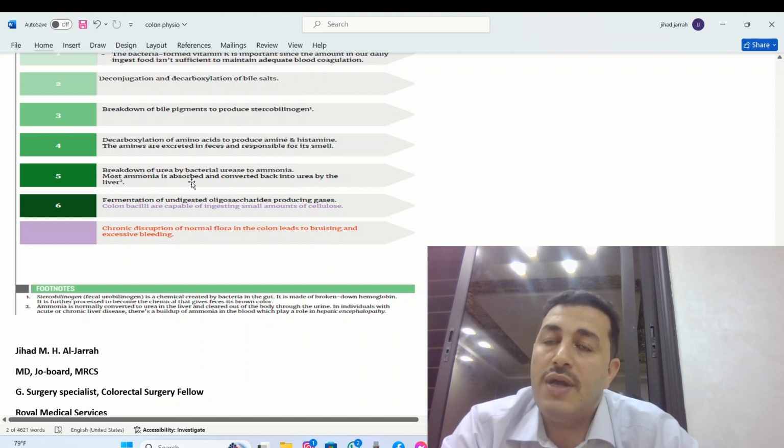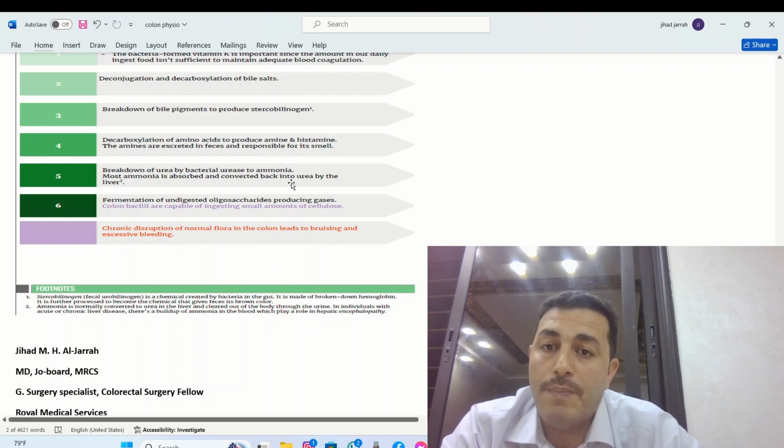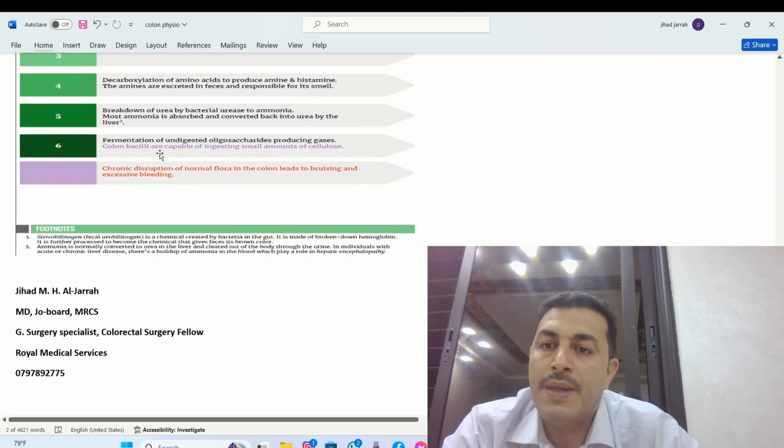Ammonia will go to the liver, and if there is liver failure, it will build up and hepatic encephalopathy can develop. Fermentation of undigested oligosaccharides: some complex oligosaccharides will be fermented, and you can see here that colonic bacilli are capable of digestion of a small amount of cellulose.